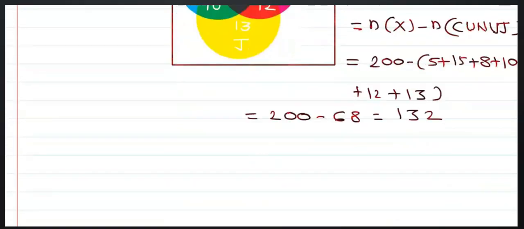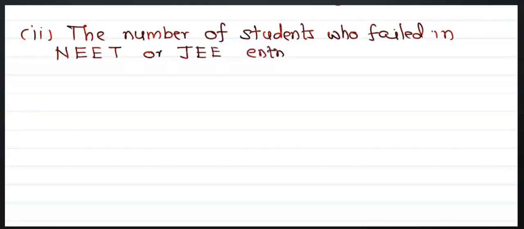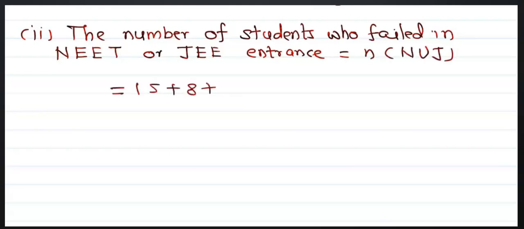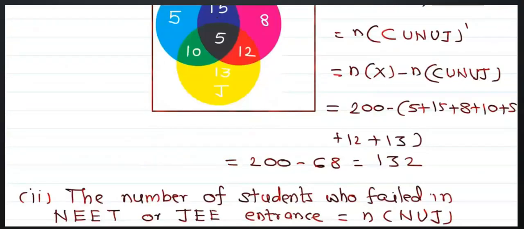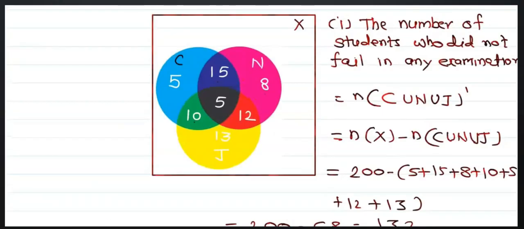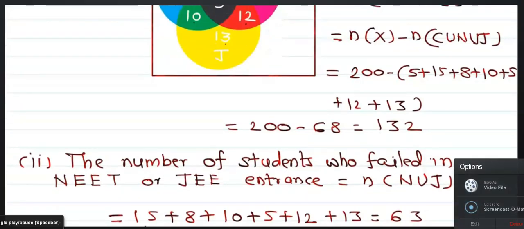Now next, second, the number of students who fail in NEET or JEE entrance, that is n of (N union J), is equal to the sum of all these elements, that is 15 plus 8 plus 10 plus 5 plus 12 plus 13.